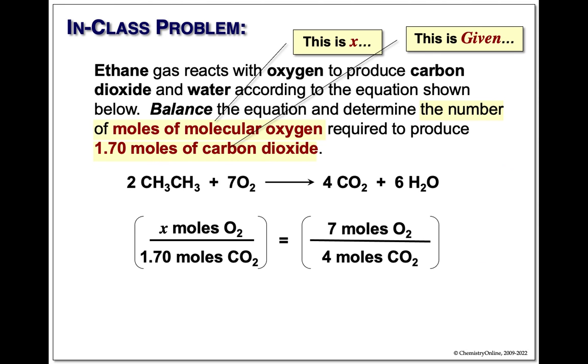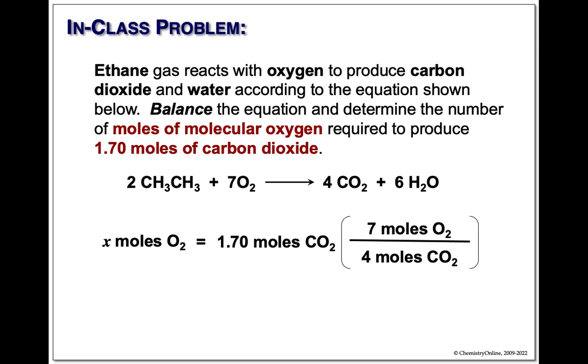Simple. We could also expand it, so we can easily cancel moles of CO2. Once again, 1.7 times 7 divided by 4. 2.975 is the calculator answer.